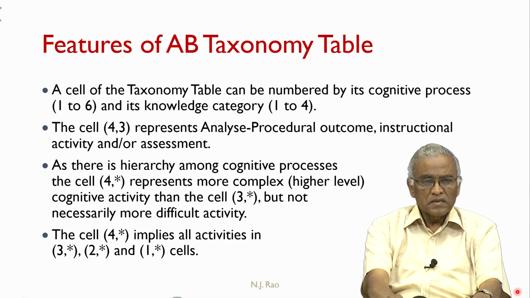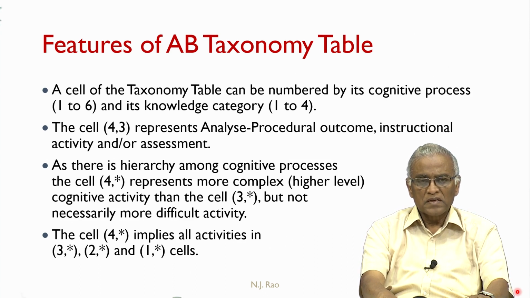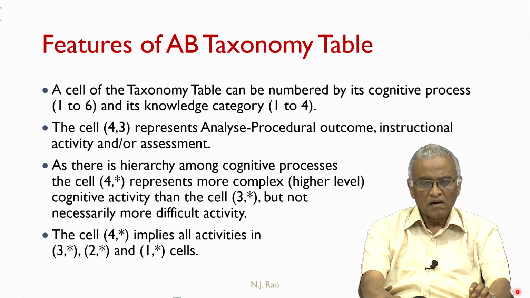Another thing is that, as we acknowledge, there is a hierarchy among the cognitive processes. So all the cells representing the cognitive process analyze, that is 4, star, where you can put any of the knowledge elements, represent a more complex or higher level cognitive activity than the cell 3, star, but not necessarily a more difficult activity.